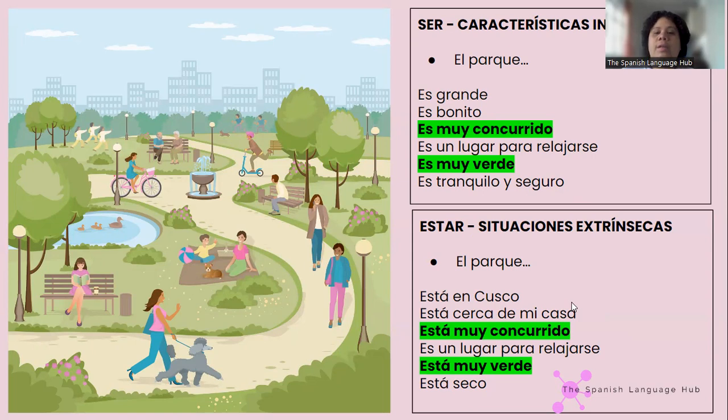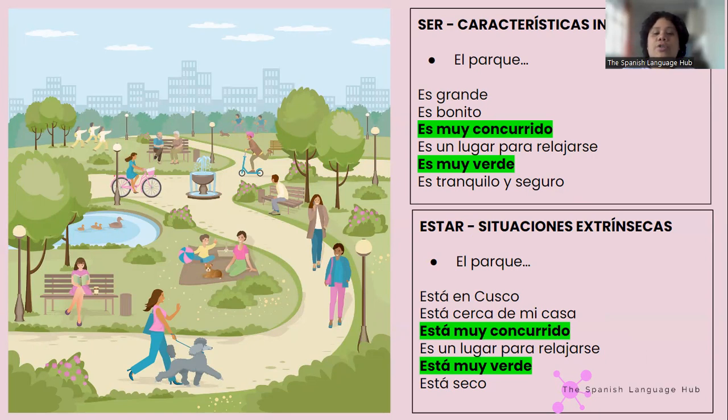Now, with estar, el parque está en Cusco, está cerca de mi casa, está muy concurrido. This shouldn't be here. Es un lugar para relajarse. Okay, forget about this, it shouldn't be here. Está muy concurrido, está muy verde y está seco. All right?